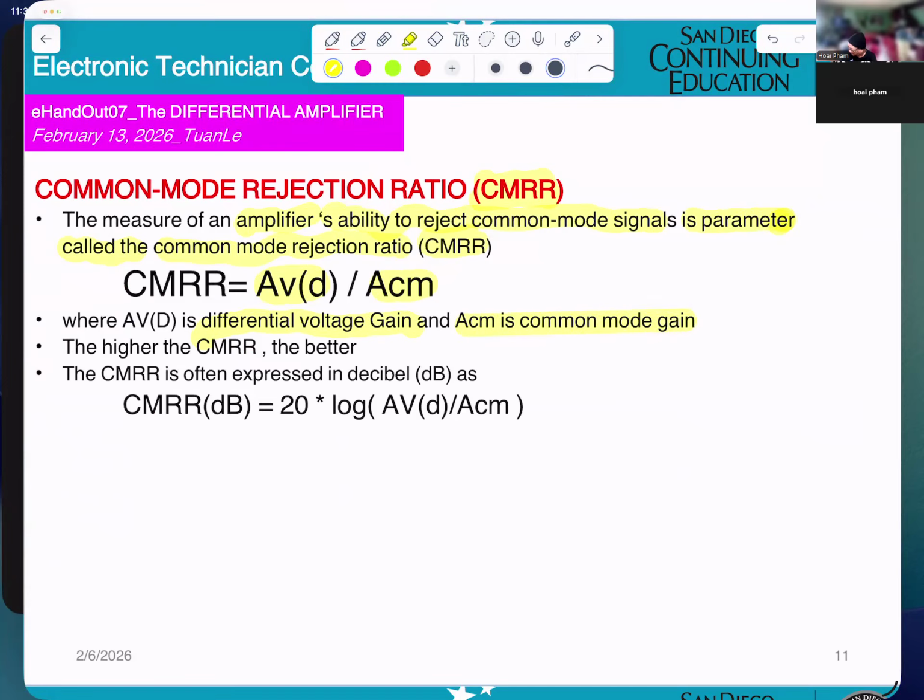The higher the CMRR, the better. The CMRR is often expressed in decibels, dB. This is the formula we need in order to calculate the CMRR in dB.